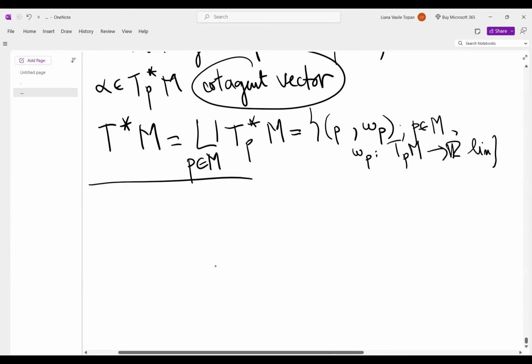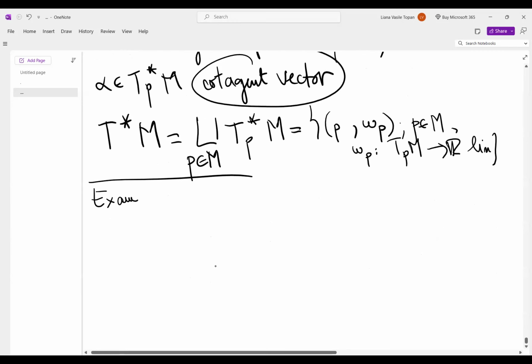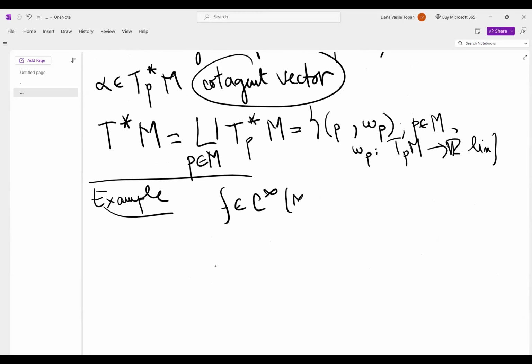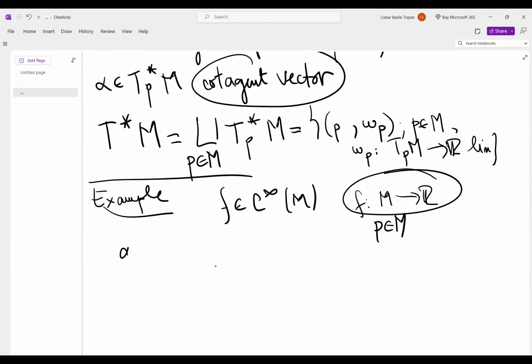A very immediate example of a cotangent vector is the differential of a function. Let's suppose that you have a smooth function; do you remember that this means the function is defined on M with real values and is smooth? And let's suppose that P is a point of M. If you have a smooth function here, we can always find the differential of this function. So the differential of f at P will be defined on TPM with values in the tangent space at f of P to R, but this is the same as R, right?